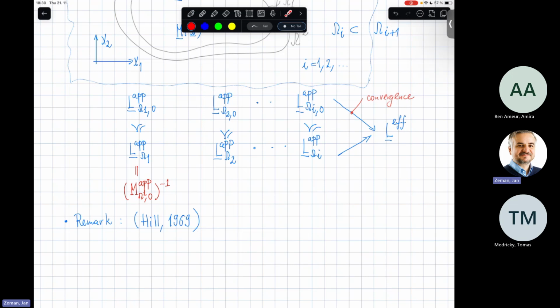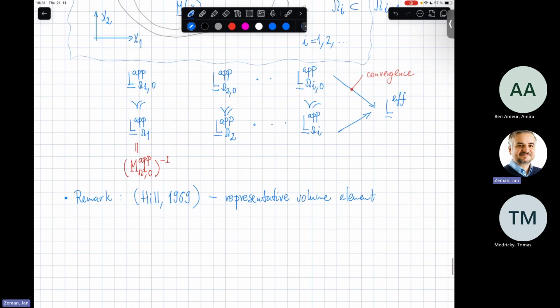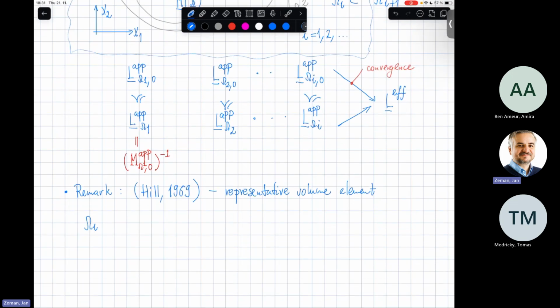And in that journal, he introduced something which is called the representative volume element. If you just have a look at it, it's a very nice paper, you will be able to see this kind of argument. So this representative volume element is actually this observation window omega I, or the sample size, if you wish, which is sufficiently large.